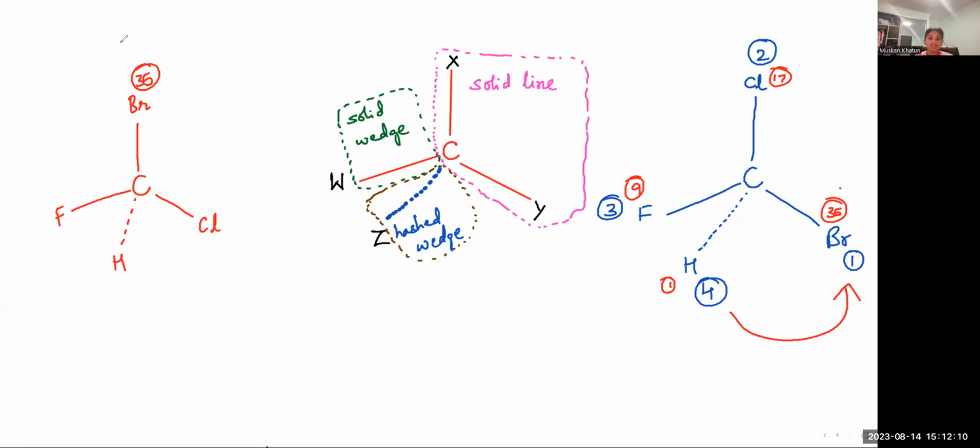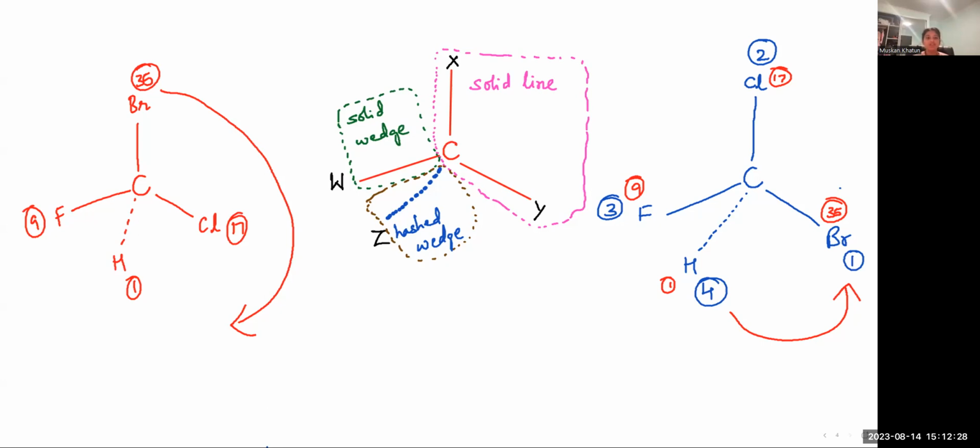Now it's going to go clockwise. No matter what these numbers are, after bromine I have chlorine, which is the next highest, so I'm going to rotate in the clockwise direction. After the first one, it doesn't matter where you're going.